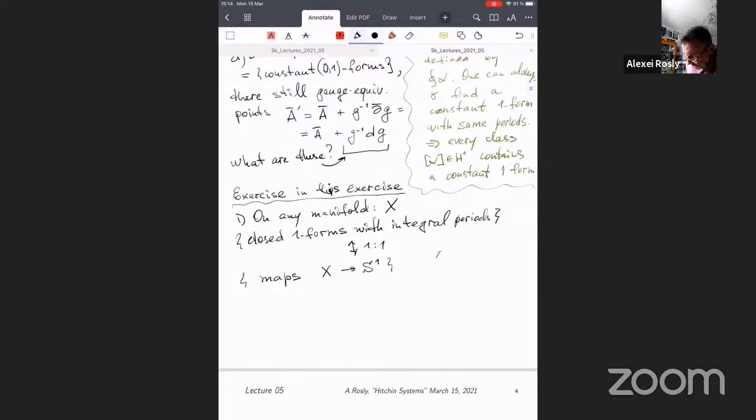And the relation is exactly as above: the one form equals g minus one dg, where g is this map.